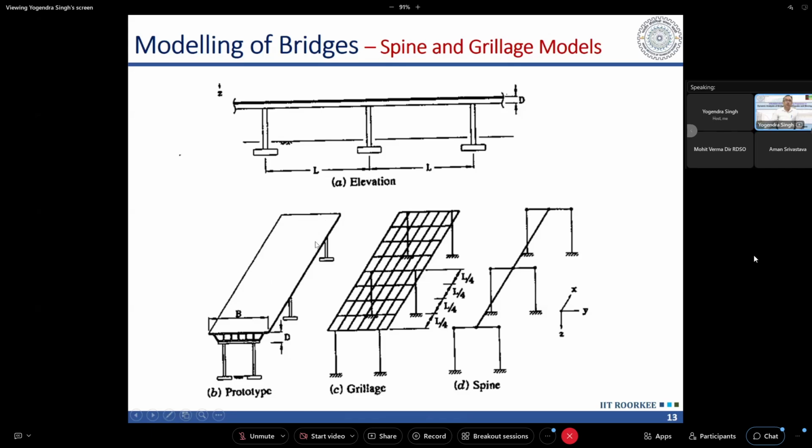Then we can also model any shape of the superstructure using finite elements. We can have continuum finite elements, and the shell elements are the most commonly used elements to model bridges.